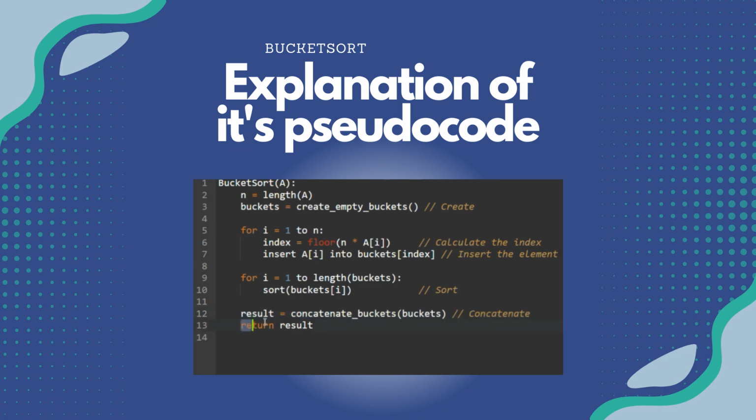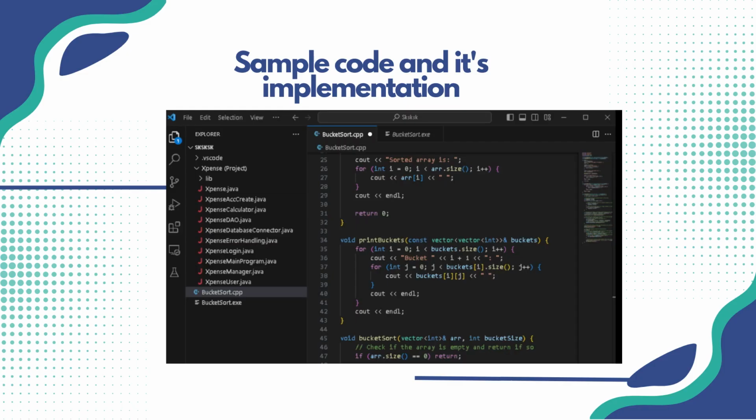Lastly, return result. So this returns the sorted array as the output of the bucket sort algorithm. This array contains all the elements of the input array sorted in ascending order. That's all for the pseudocode of bucket sort.